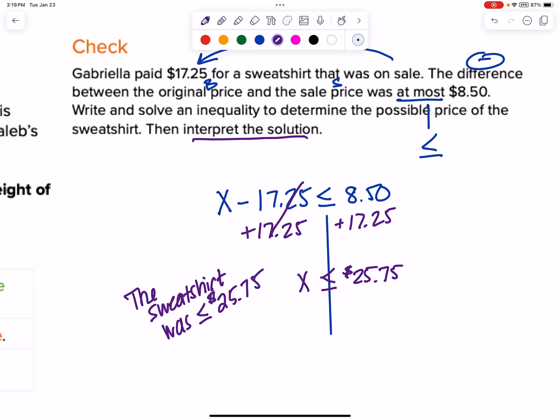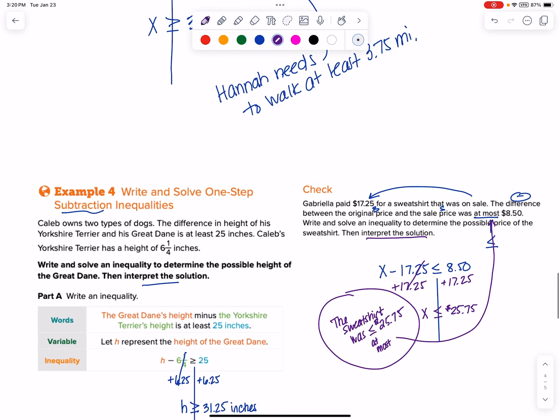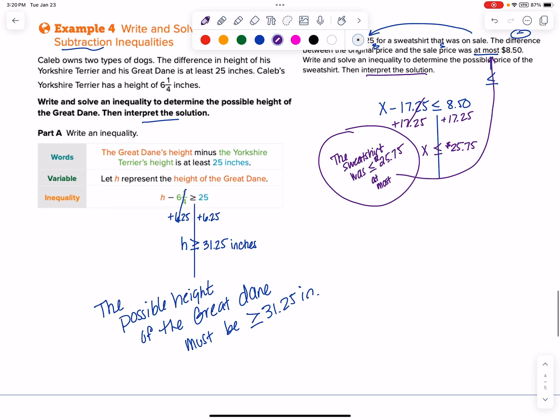Okay, so there we go. Or you can say at most, so that you're using that language back up in the problem. Okay, all right, and there's your official answer. I'd say the at most would be the better choice than to use a symbol in your word problem.